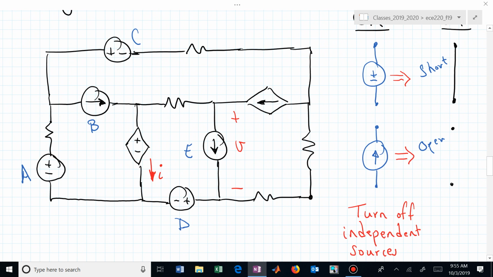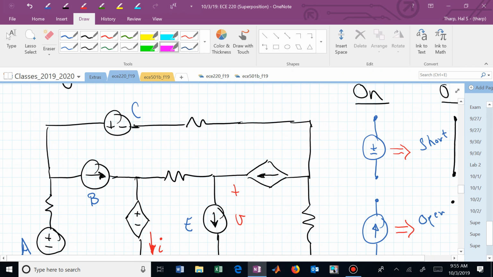What if I wanted to see what the component of I was due simply to source A? Do you see how you could change this circuit? If I just wanted A to be active and I wanted to deactivate all the other sources, what would I do?